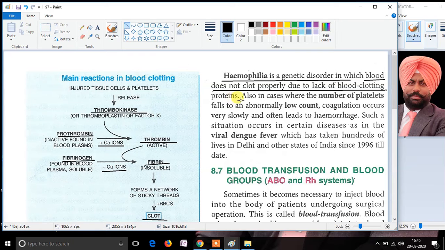Here, the hemophilia disease says that blood does not clot properly and the blood flows through the injured part of the body.